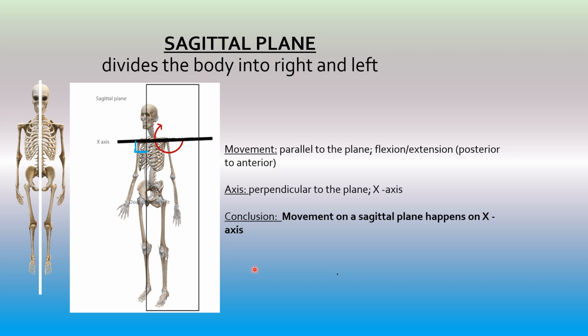However, the hinge, the actual axes of rotation, are going to be at 90 degrees to the movement as well as to the plane. So you can conclude movement on the sagittal plane happens on the x-axis or medial-lateral axis.